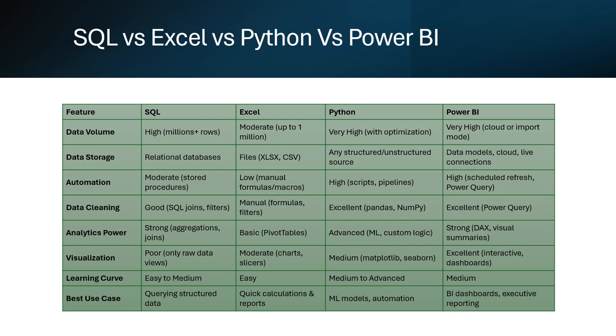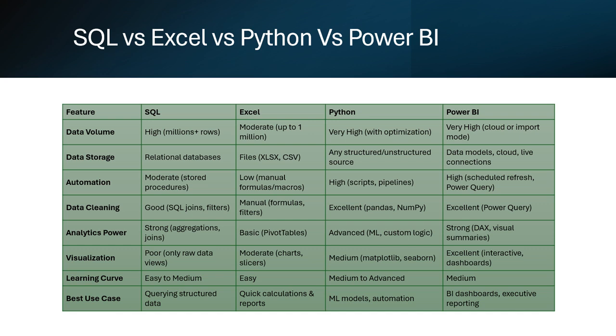In terms of data volume, Excel has a limitation in that it carries around 1 million plus rows, but SQL is a high volume tool that you can use, whereas Python as well is high volume with optimization. Power BI also carries high volume with import or cloud mode, but it has some limitations.